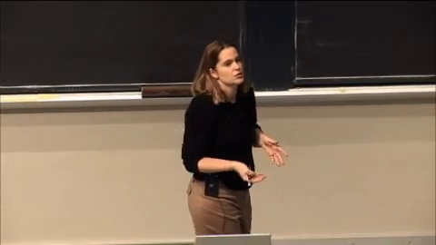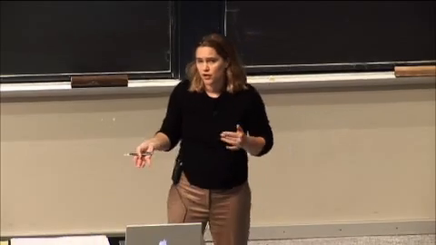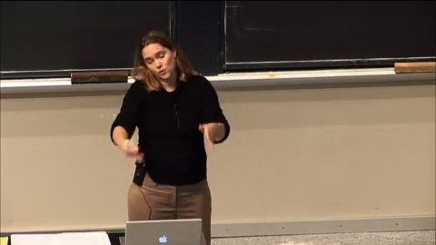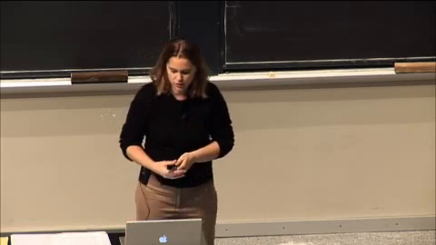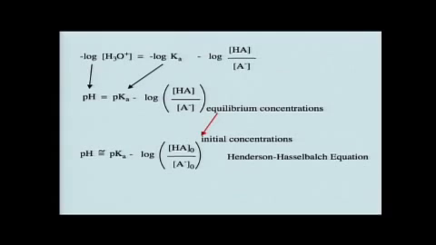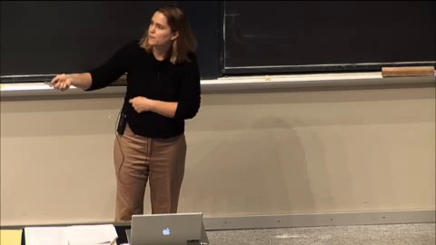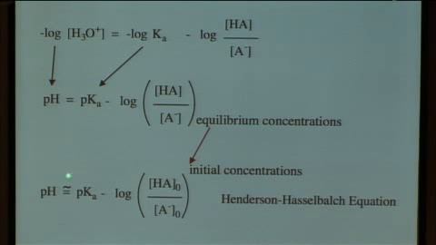But a lot of times when you're working buffer problems, you know the concentrations that you added of these things, not necessarily the concentrations at equilibrium. And if we rewrite this expression in terms of the initial or original concentrations, then pH is approximately equal to pKa minus log of the initial concentrations of your acid over your conjugate base.